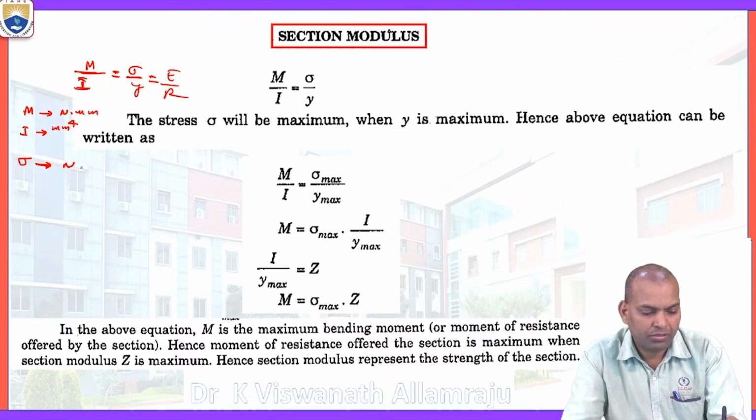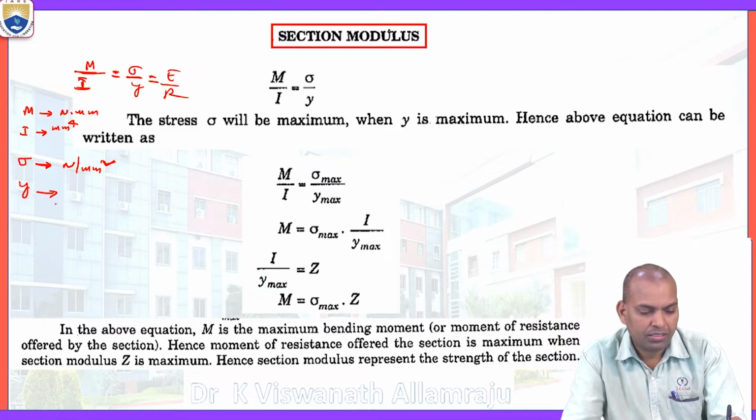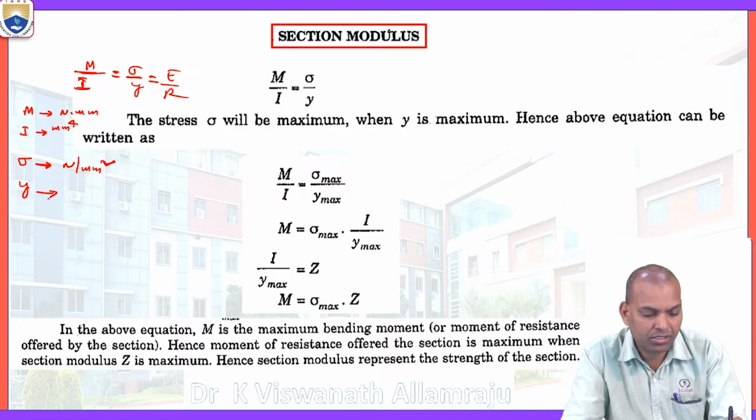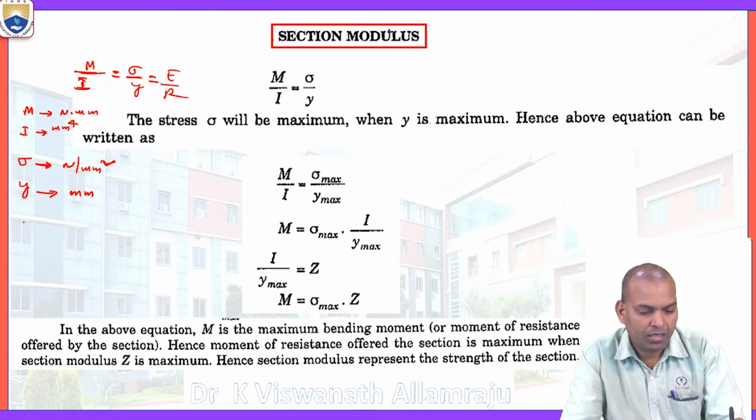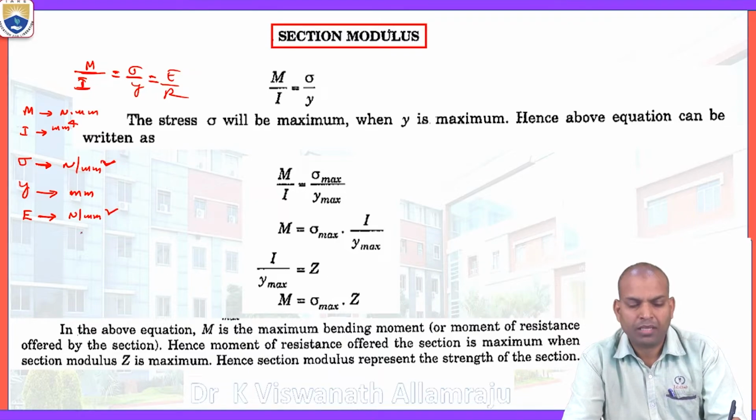The unit for the bending stress is Newton per square millimeter, and y is the distance of a fiber from the neutral axis. The unit for this y is millimeters, and E is the modulus of elasticity. The unit for modulus of elasticity is Newton per square millimeter, and R is the radius of curvature. It is in millimeters.